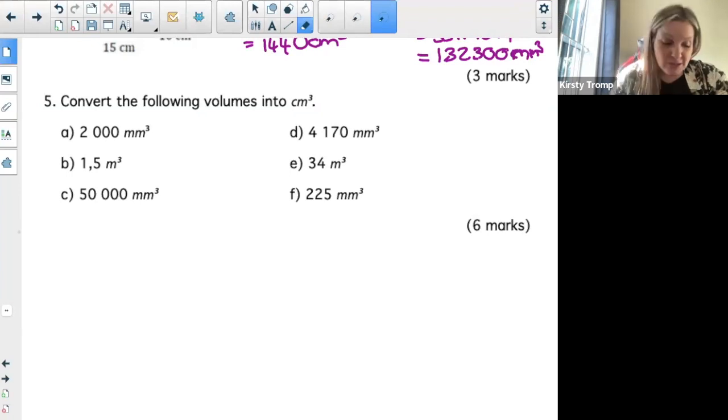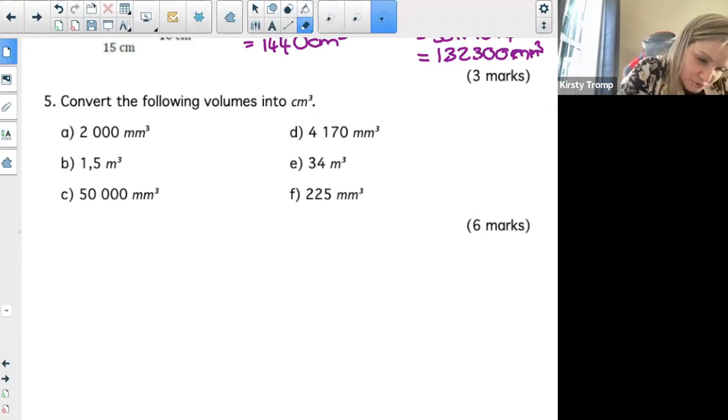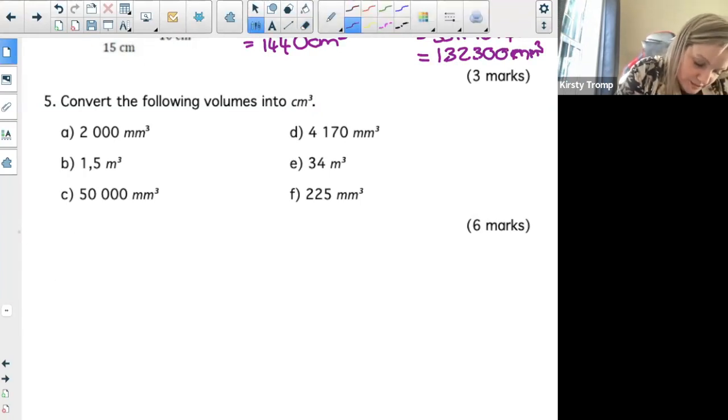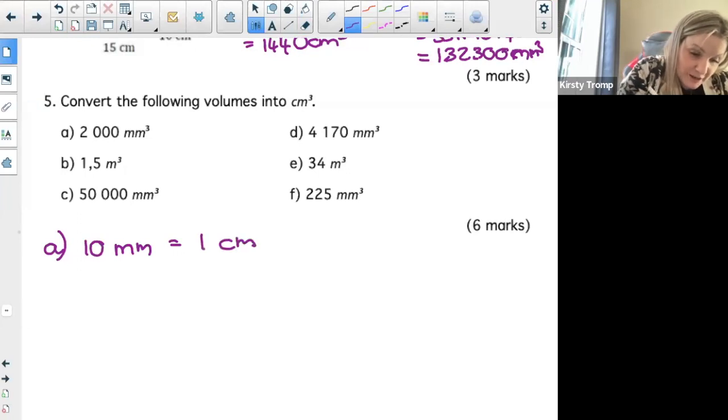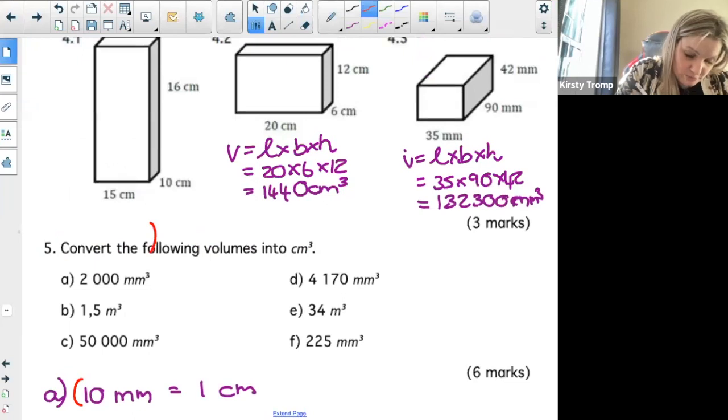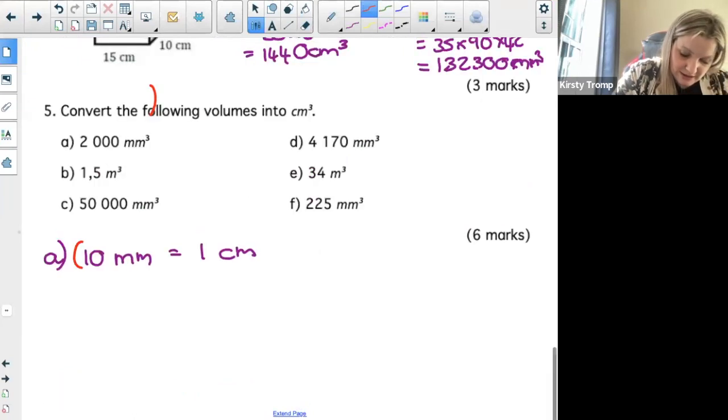Okay, guys, your 3 minutes are up. Let's go have a look. I'm going to do the first one with you. So as a reminder, because we're running short on time, we've got millimeters to centimeters. For A, I always say to myself that there are 10 millimeters in 1 centimeter. So I go and I cube both sides.